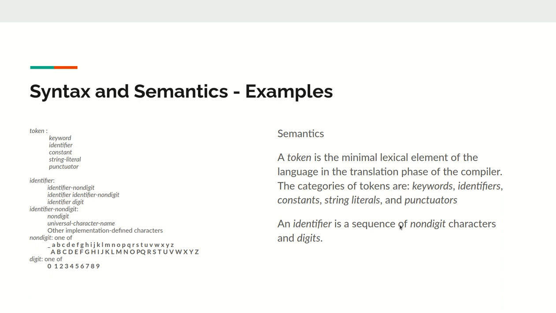So it's a sequence of non-digit characters and digits. That's how this identifier is defined. We'll see practically later. This is how we need to read the syntax notation and the semantic meaning of it.